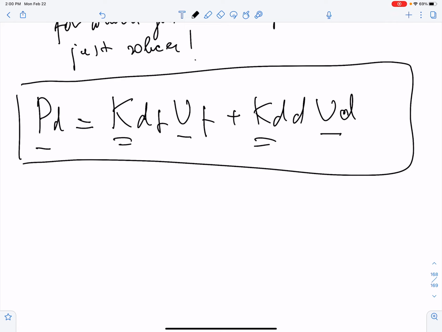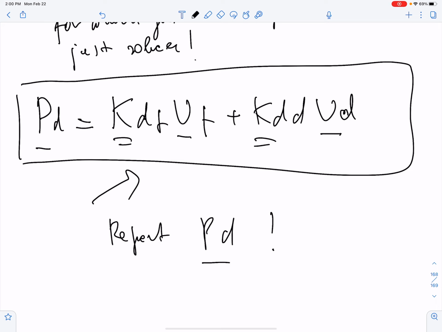This entire set of operations is encoded in this expression here. And so this is very easy to do on the computer. You have your UF, you have your UD, you pass them down, you multiply by KDF and KDD, which you've assembled, and then you report PD. Very simple. No need to draw free body diagrams or try to understand what's going on.